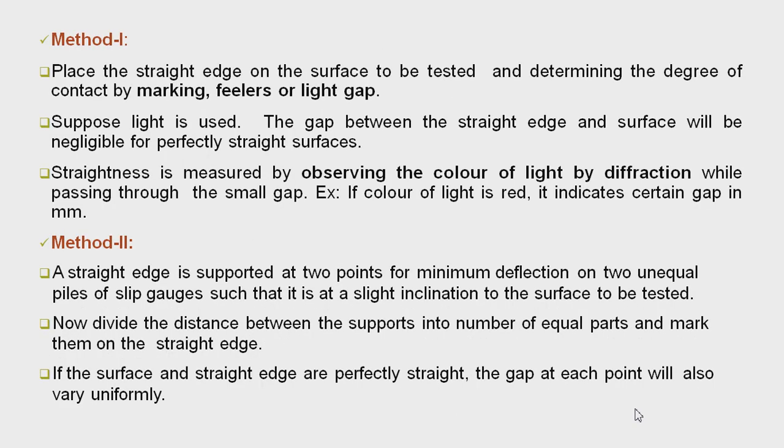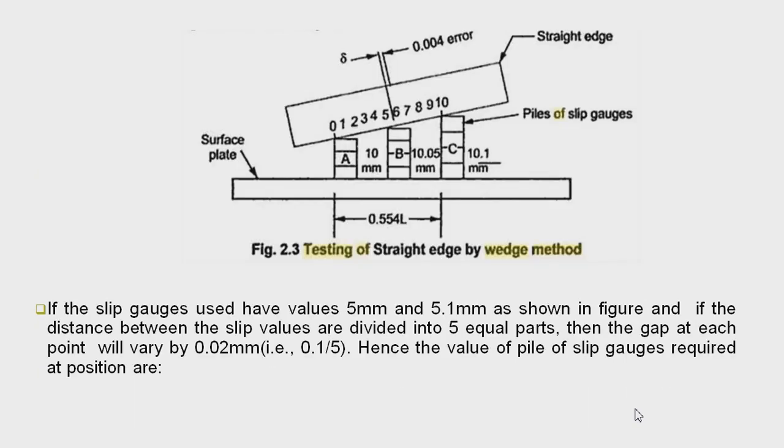Now we divide the distance between the supports into a number of equal parts and mark them on the straight edge. If the surface and straight edge are perfectly straight, the gap at each point will also vary uniformly, as you can see.